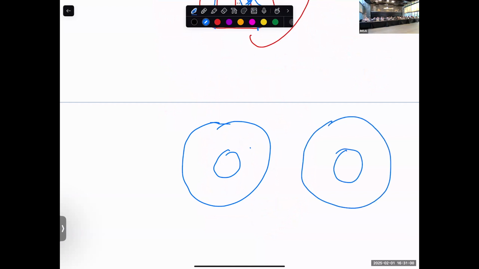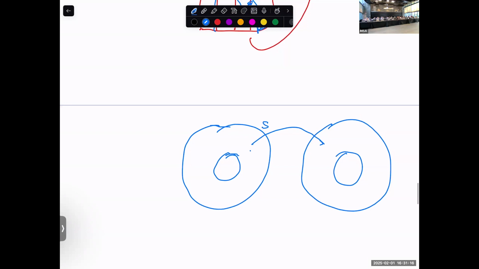Then this boundary, let's call it S, and then you have some map of this torus here, but it's not necessarily so. It can, for instance, look like this.